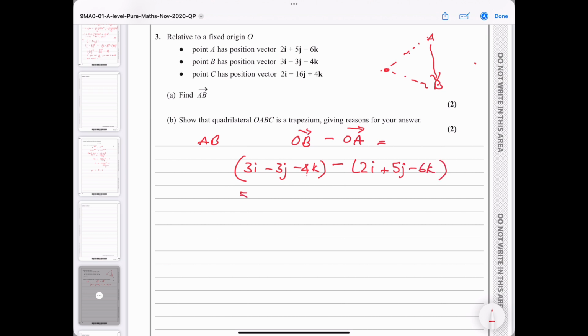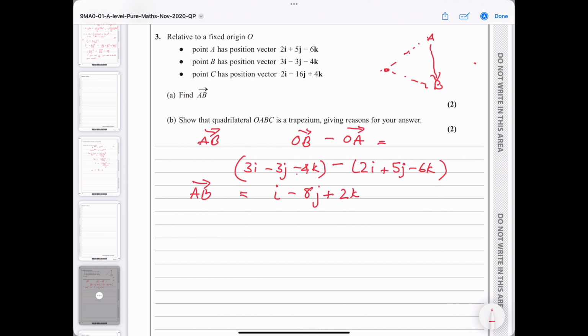And then that equals 3i minus 2i is i, minus 3j minus 5j is minus 8j. And then minus 4k minus 6k is plus 2k.